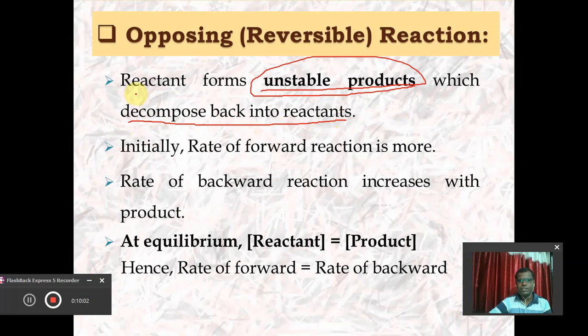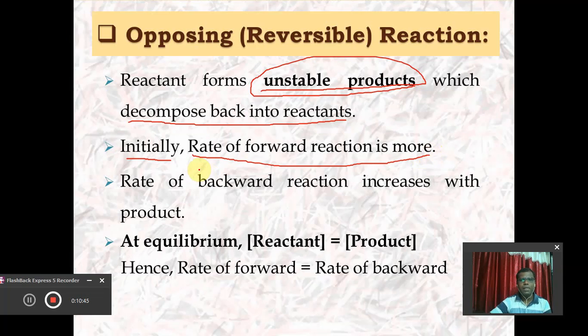Here the reactant molecule forms the product, but this product is unstable, so it will not remain in the same form, and it will undergo decomposition back into reactant. Initially the reactant gets converted into the unstable product, and after the formation of product it is again reconverted or decomposed into the reactant.